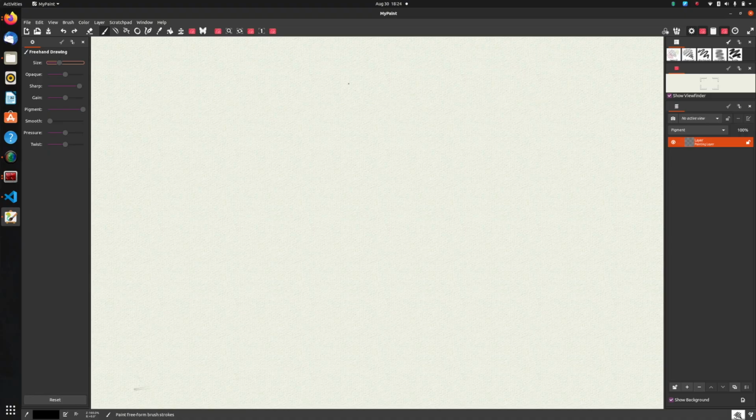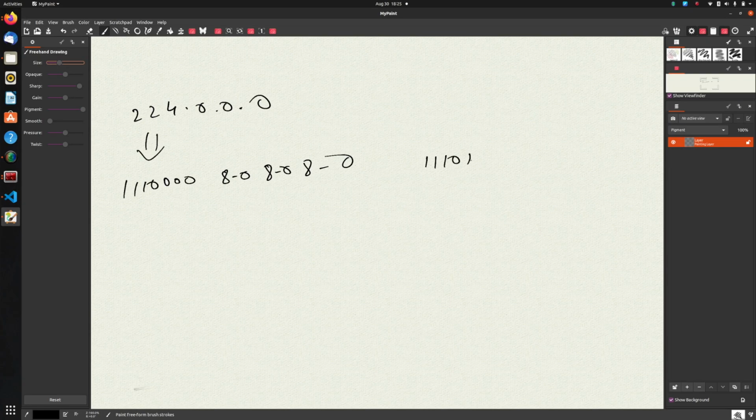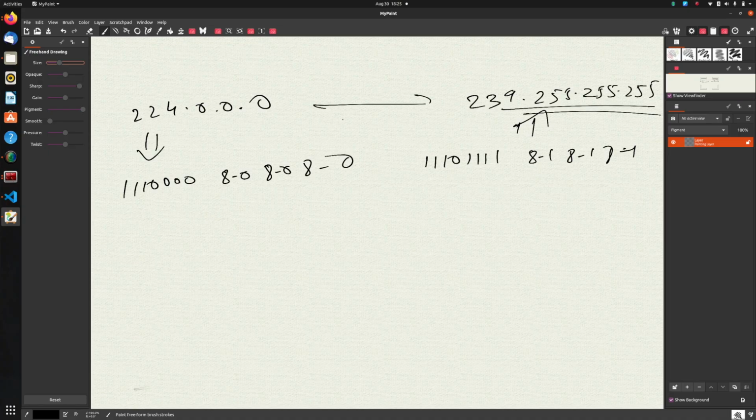That means the range starts from 224.0.0.0, which is 1110.0.0.0 in binary, and goes up to 1110.1111.1111.1111, which translates to 239.255.255.255.